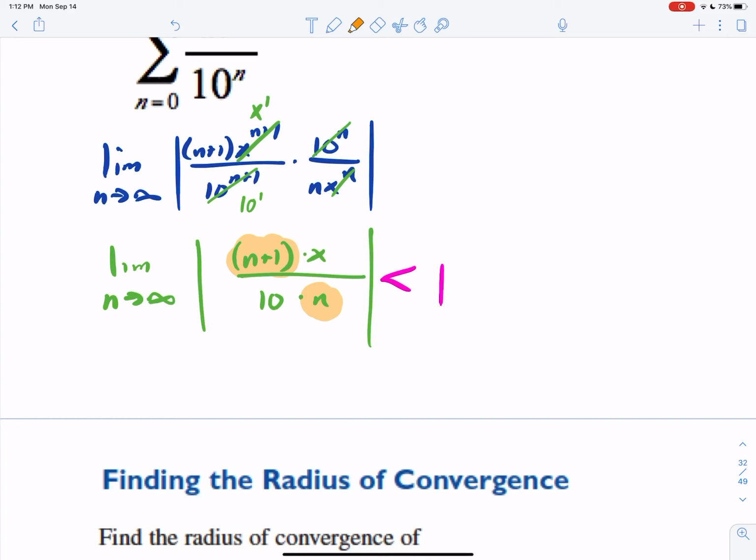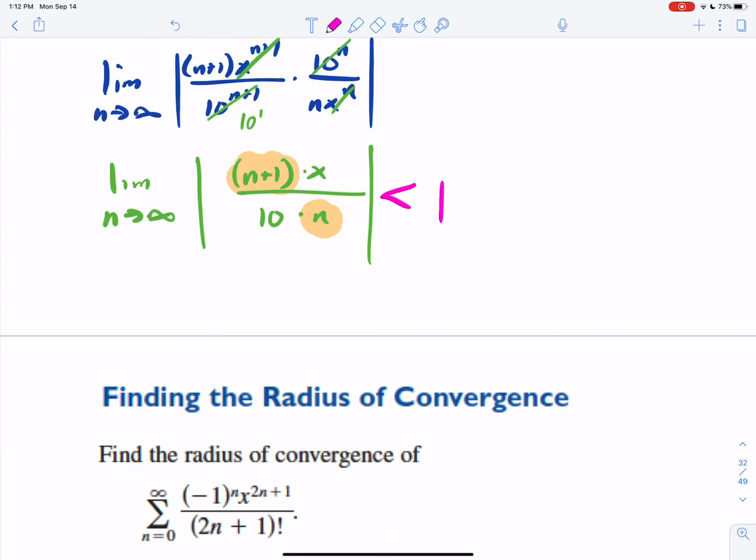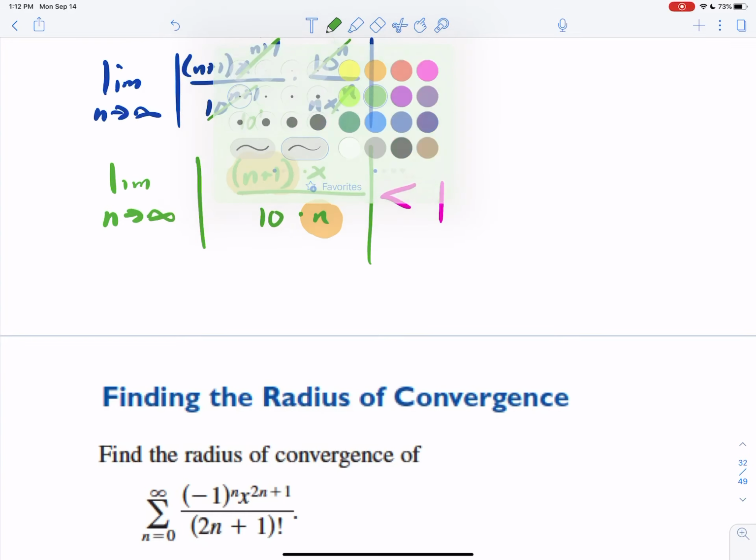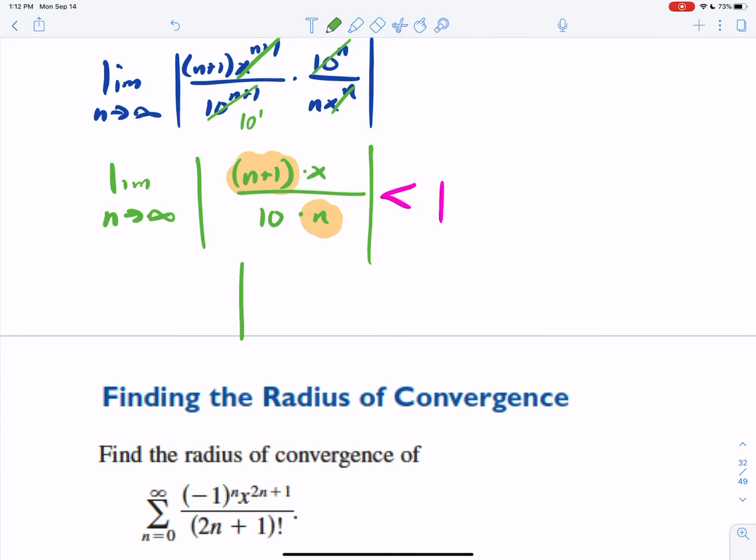So that essentially goes out to 1, and you're just going to be left with the absolute value. You know what? Let me write this out so it makes a little bit more sense. The x and the 10 have nothing to do with the limit. So we could actually take out the absolute value of x over 10 times the limit as n goes to infinity of n plus 1 over n.